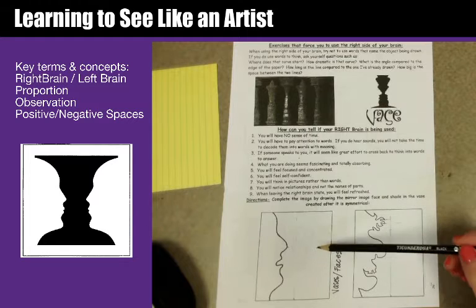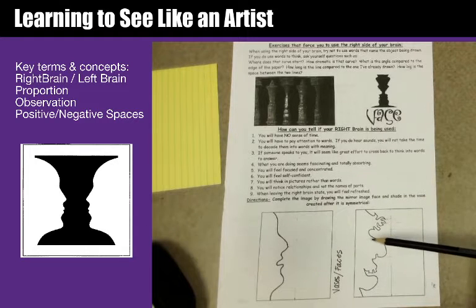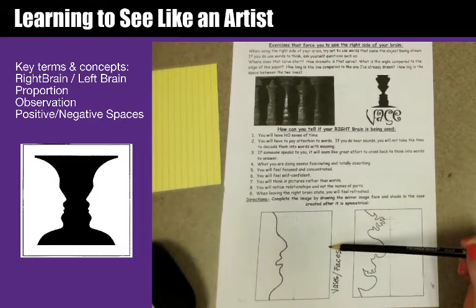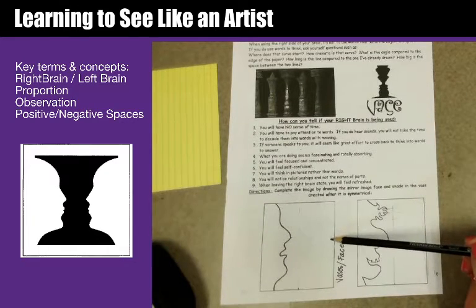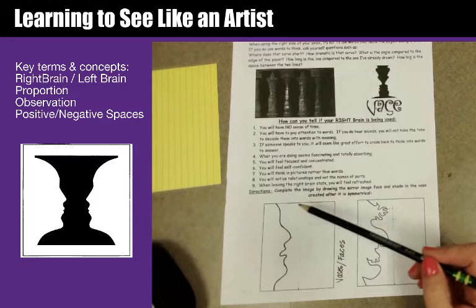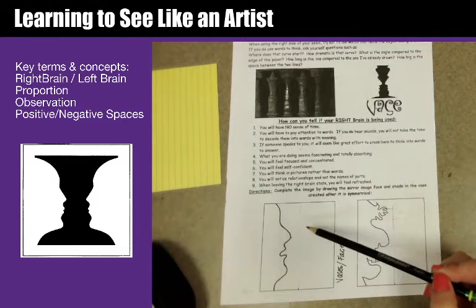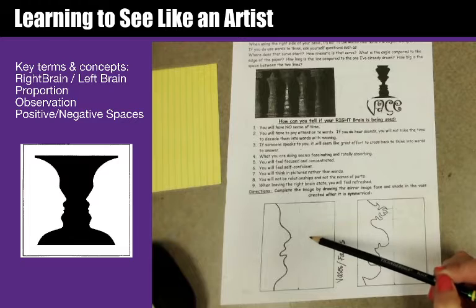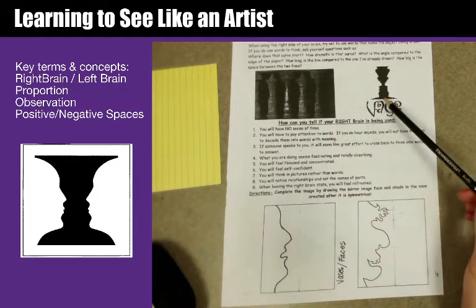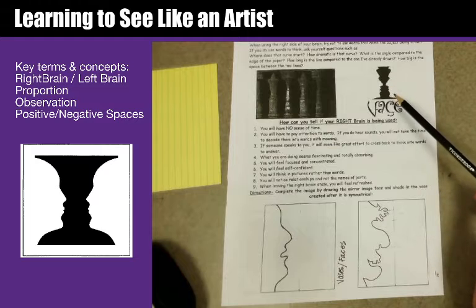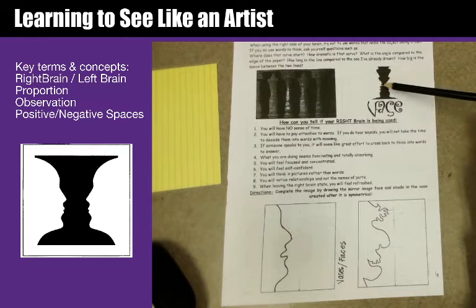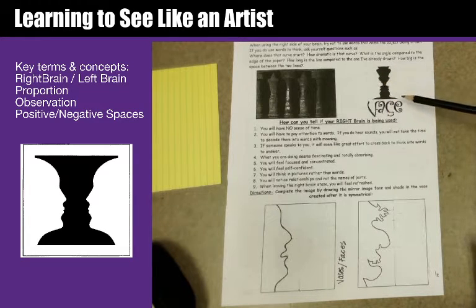So what we're going to be doing here is an activity that requires you to use your right brain. The idea is that you are completing this drawing by making a mirror image of that line. And when you do that, just like the vase that's up here, or the face, it's going to look like there's two people face to face with each other.